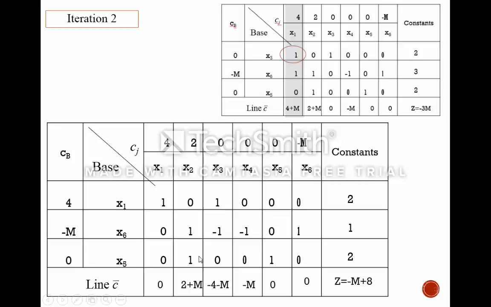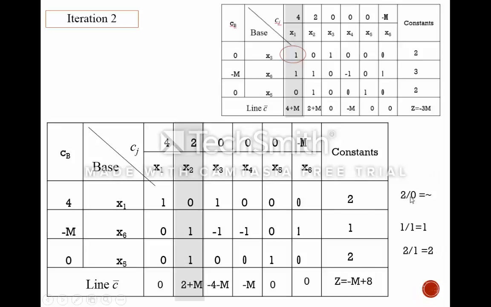Okay, we choose the 2 plus m, and now we calculate the low value. So 2 per 0 we get infinity, 1 per 1 we get 1, 2 per 1 we get 2.